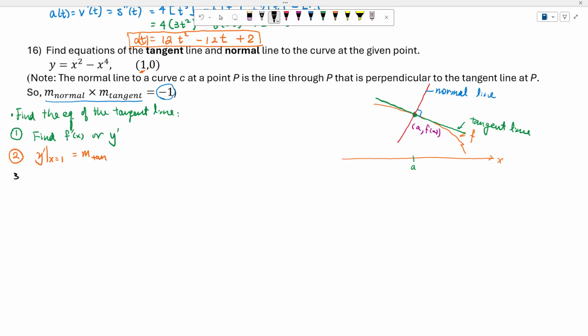And then number 3, we are going to use the point-slope form to find the equation. Then I will have y minus y sub 1 equal to m times x minus x sub 1. Of course, in this case, my x sub 1 and y sub 1 are a and f of a.